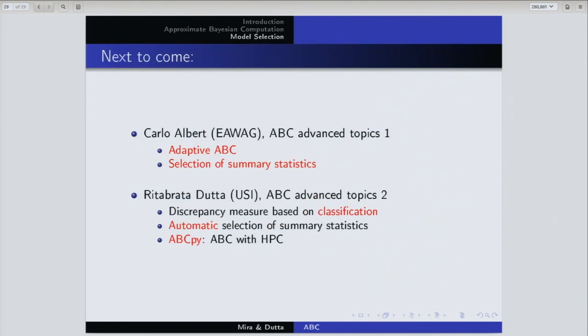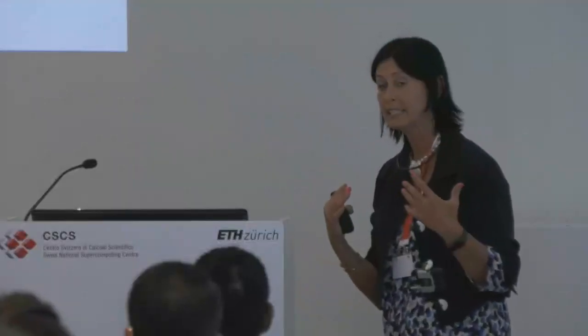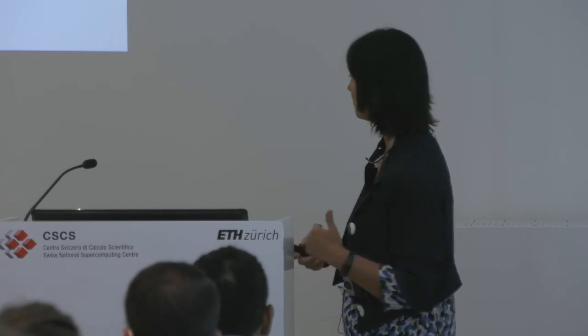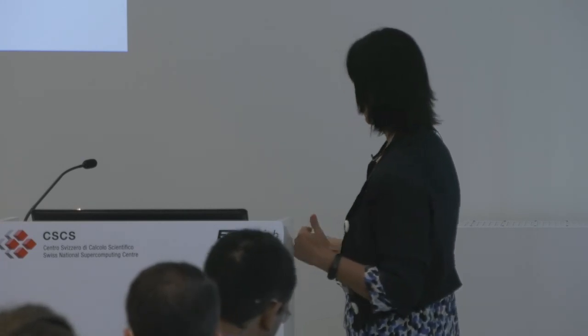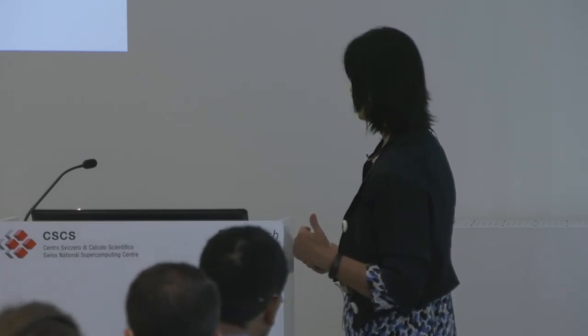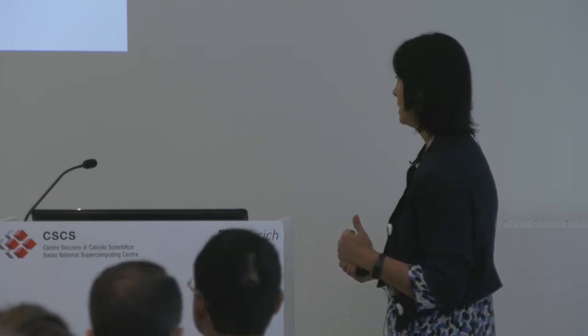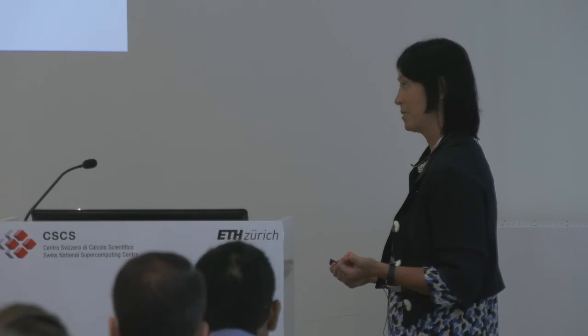Okay, so I conclude here. I hope I managed to give you an idea of how powerful this ABC procedure is. Carlo Albert will tell you about adaptive ABC and how to select the summary statistics.